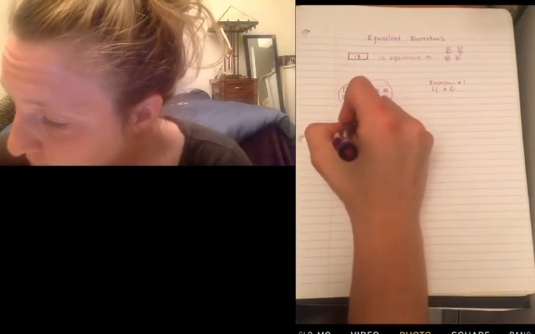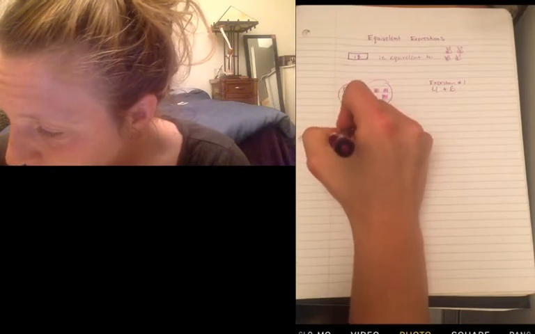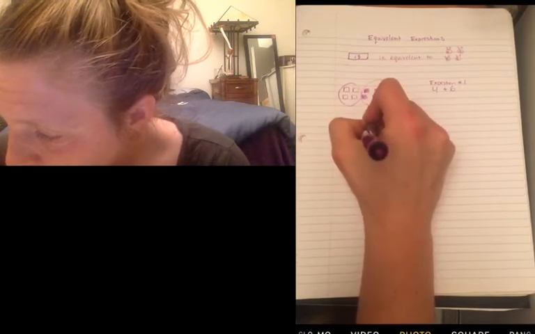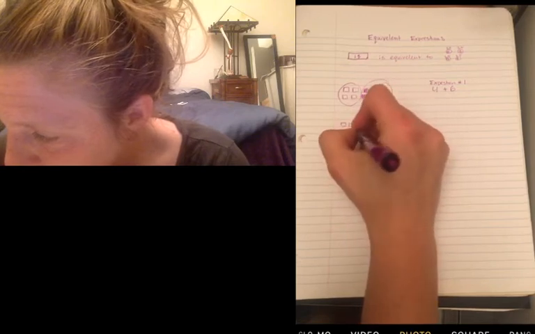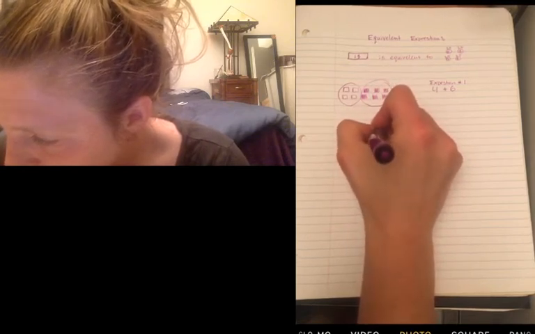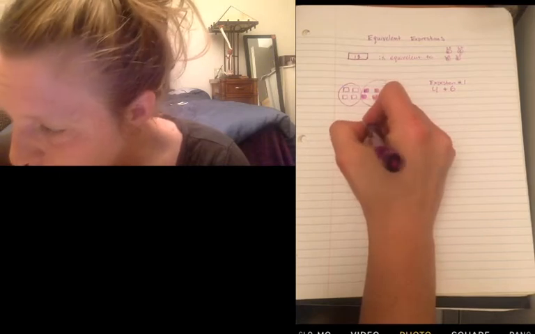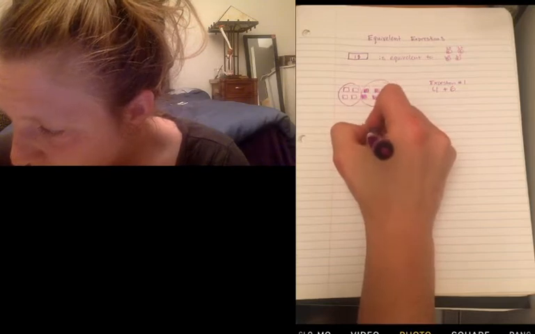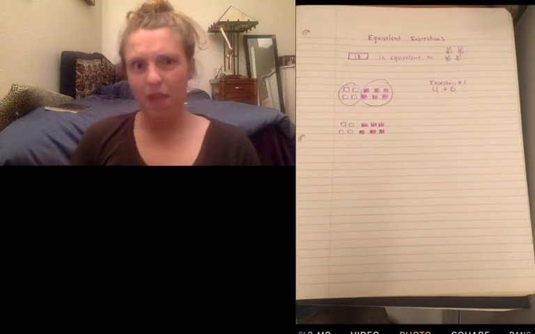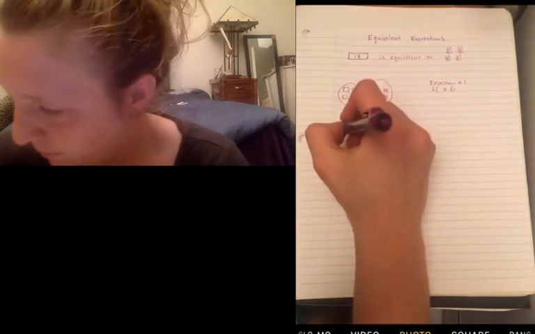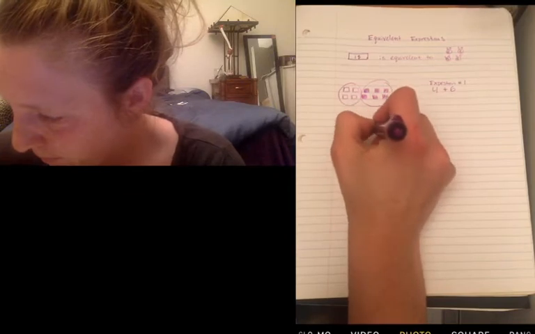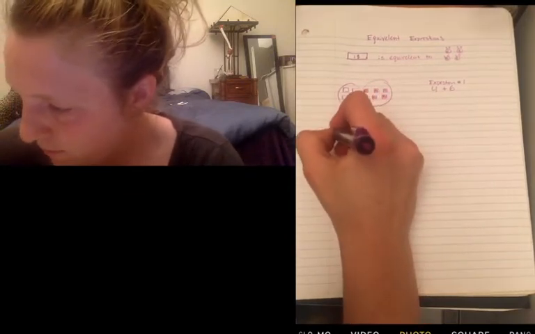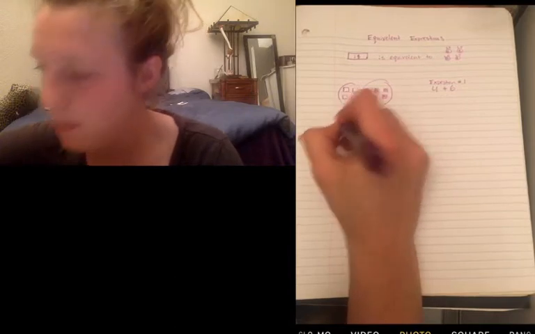Okay? But if I drew the same thing out, and again, I'm going to color these in. Someone might also do the math this way, where they have found that there are two groups of the same kind of pattern.